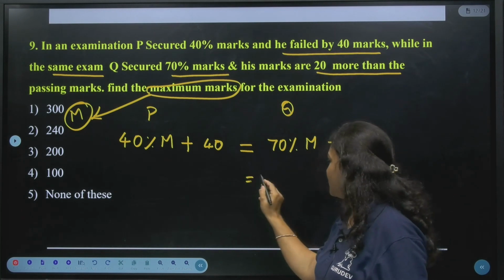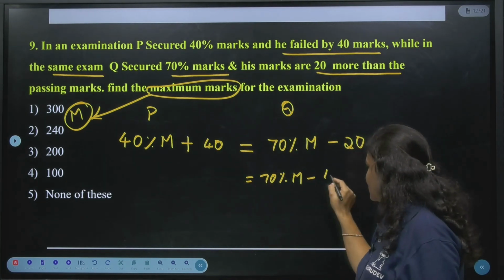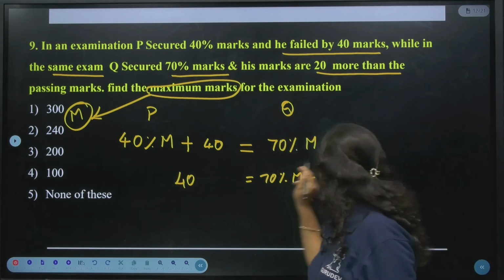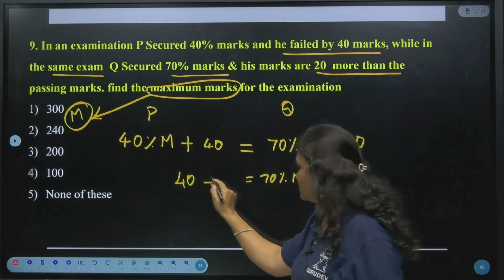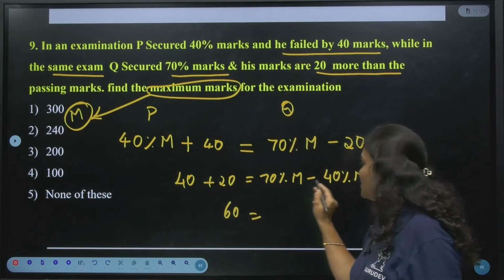70% M. Next, shift 40% M, so it is minus 40% M, and keep the 40 as it is. Minus 25, shift this, it is plus 20. 40 plus 20 is 60. Then 70 minus 40 is how much?